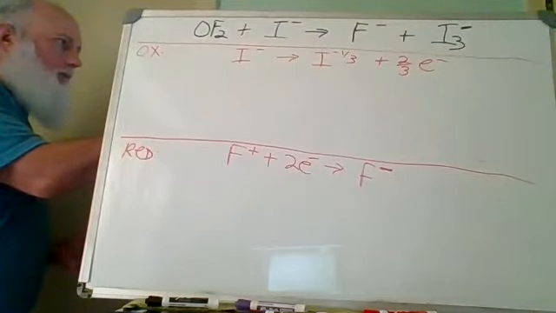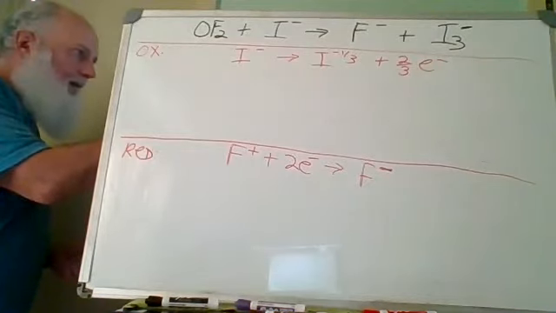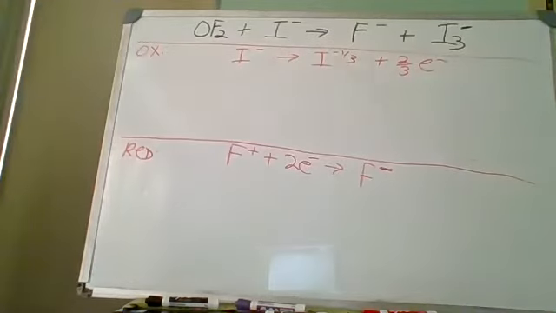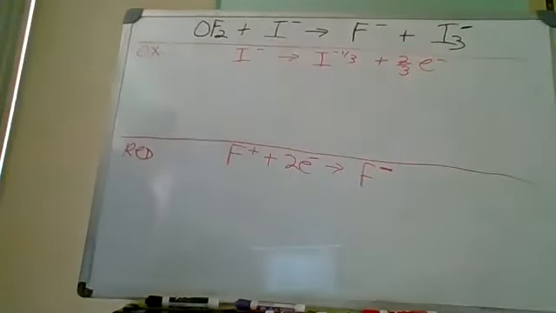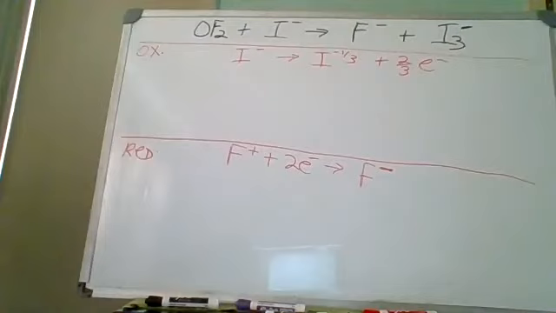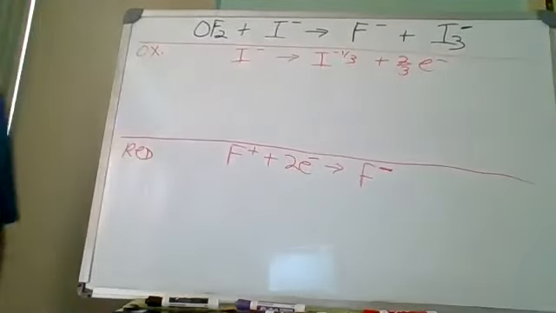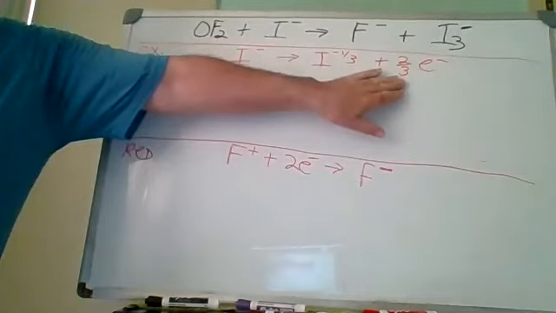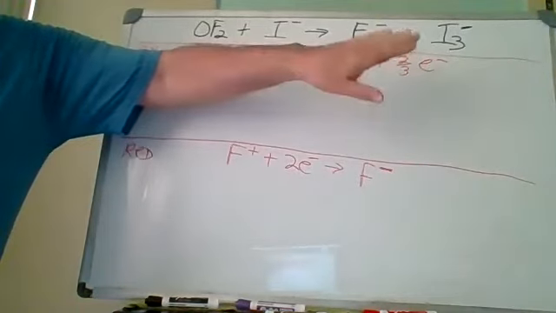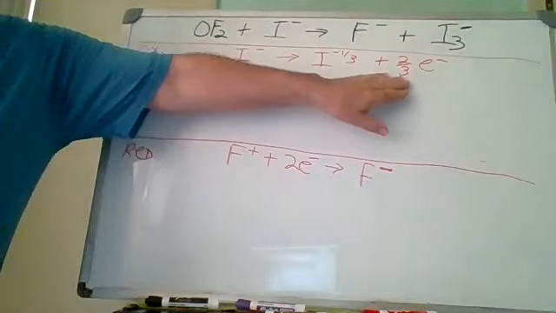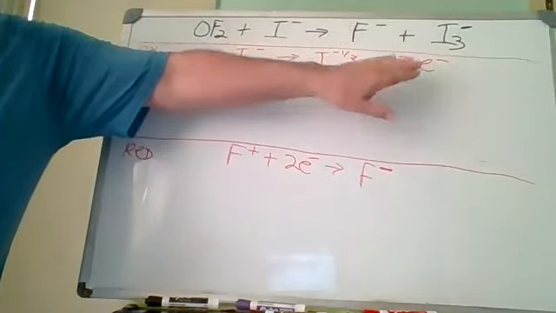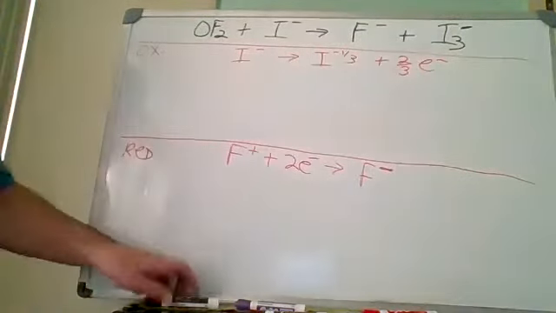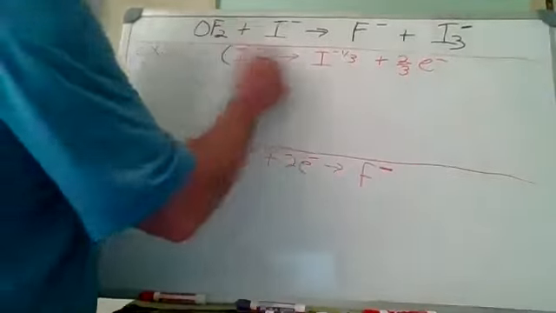Hopefully this one's going to work out. I don't have it worked out in my database. Now, the first thing we have to do is get rid of that fraction there. So to get rid of this fraction, we're going to multiply by 3, to get the 3 out of the denominator.